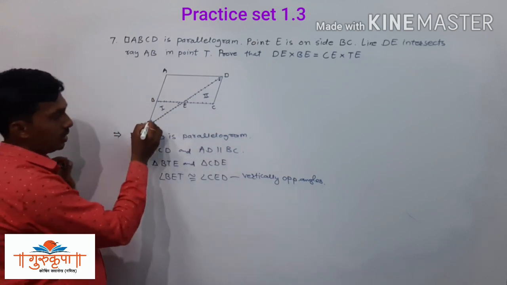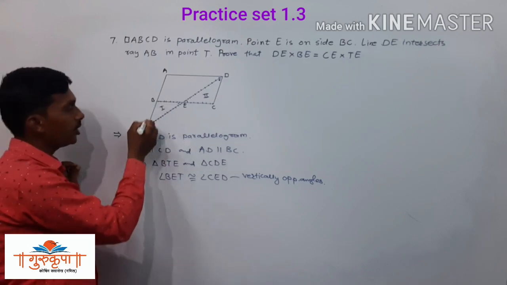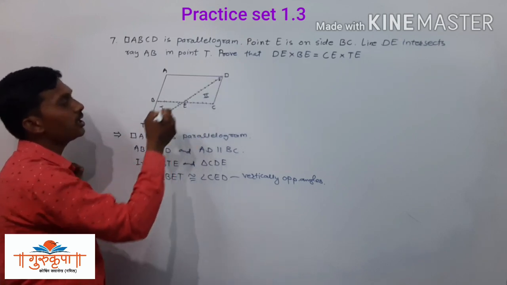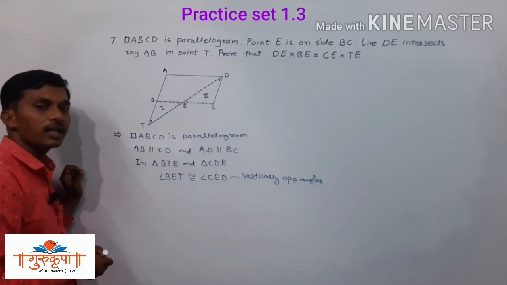Now this angle is congruent with this angle, that is angle BTE congruent angle CDE, and the reason behind it is alternate angles theorem.